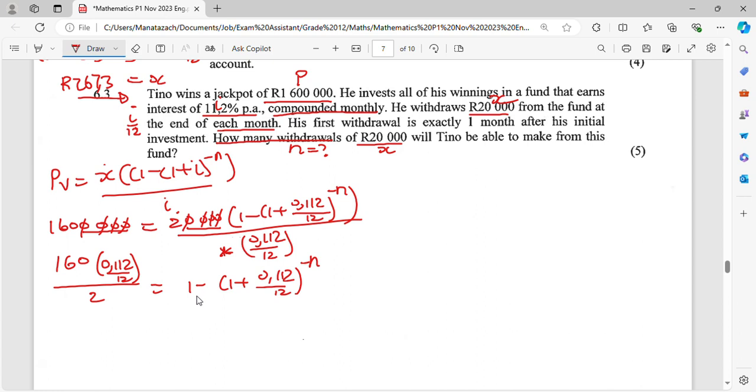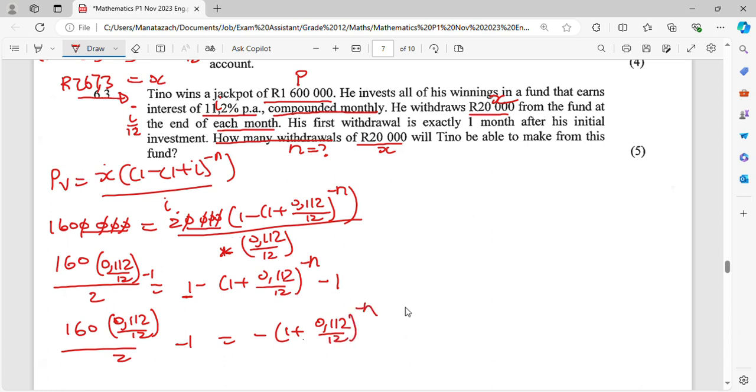Now I want to get rid of this 1 since I want to solve for n, so I'll subtract 1 here, and also on the left hand side I'll subtract 1. Then I'll be remaining with 160 multiplying 0.112 over 12 divided by 2 minus 1. The right hand side is going to be minus 1 plus 0.112 over 12 to the exponent minus n.